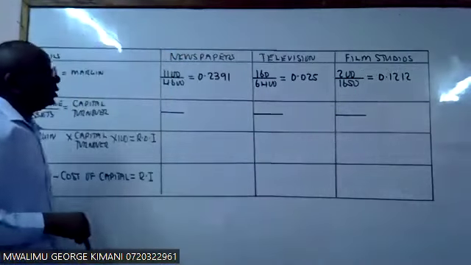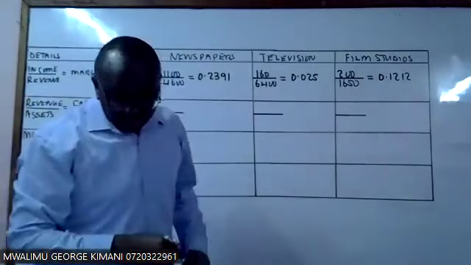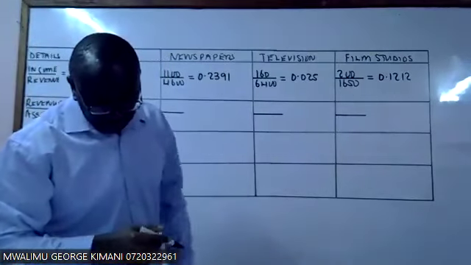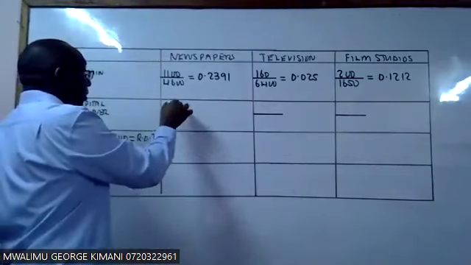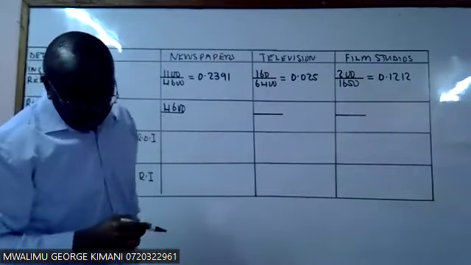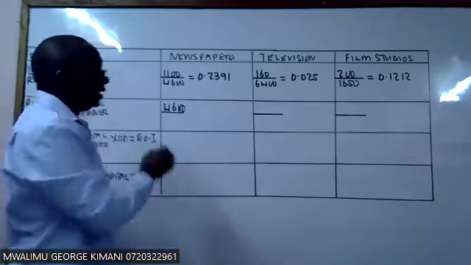Let's come to capital turnover. We have the revenue again. The revenue for the newspaper is 4,600 and the assets are 4,900.